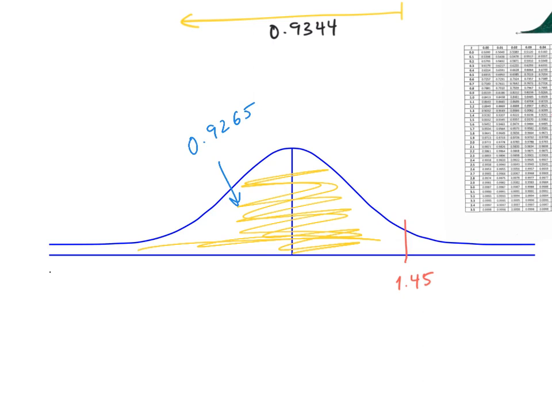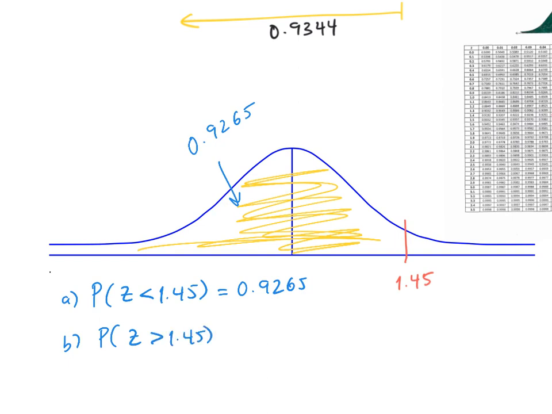You're done. If the question is, what's the probability that z is less than 1.45? Then the answer will be 0.9265. Is that okay? Say that instead, the question was: what's the probability that z is greater than 1.45? Again, if you look to the table, it still gives you 0.9265. But this time you want the green area.